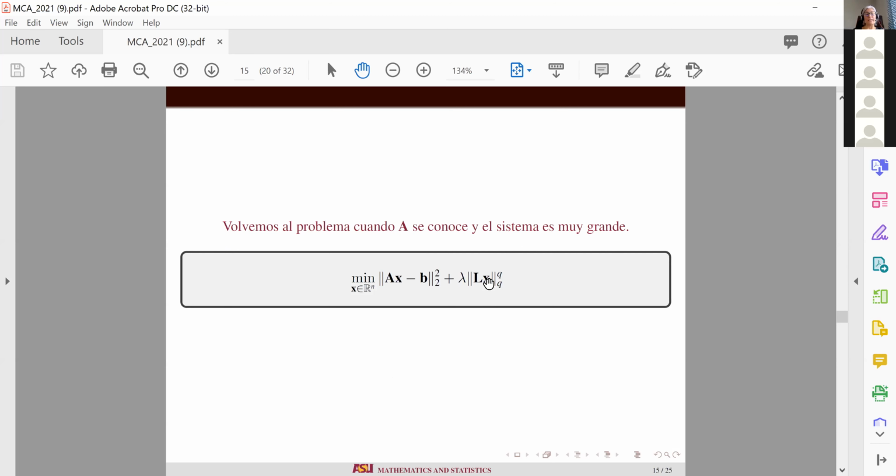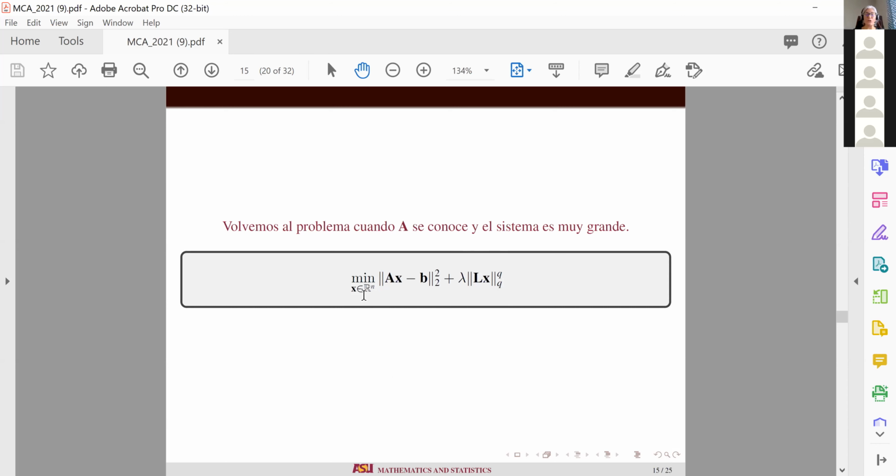Now, we really want to have the Q, something different from the 2 norm. So for just a second, I will go back to where we actually know A. Okay, so how do we solve this? I mentioned the iterative reweighted least squares method.